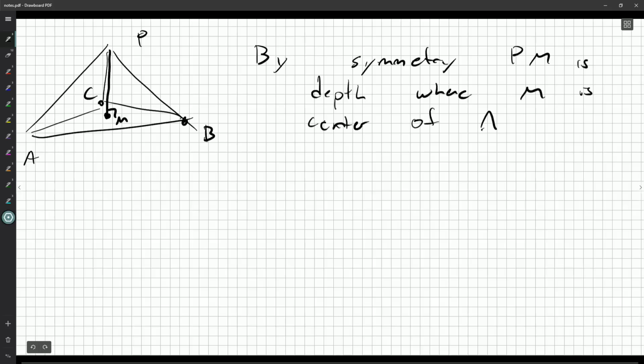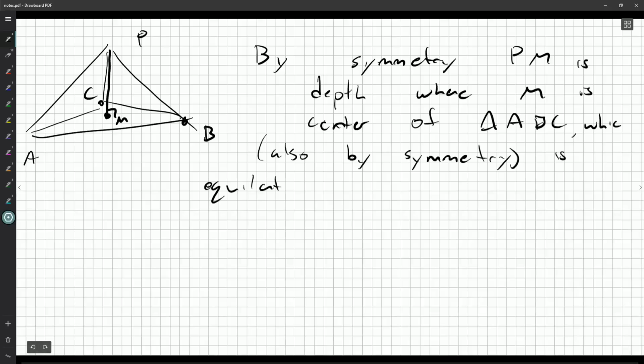Center of triangle ABC, which, also by symmetry, is equilateral. Alright, now, if I look at PB and then MB, I see I got a nice little right angle. So PM squared is PB squared minus BM squared.